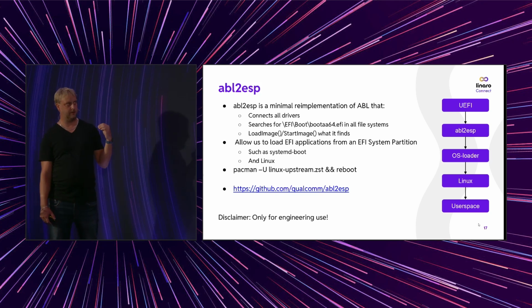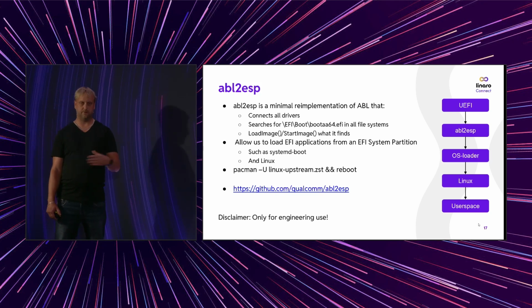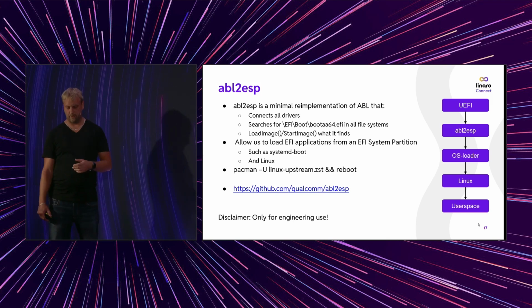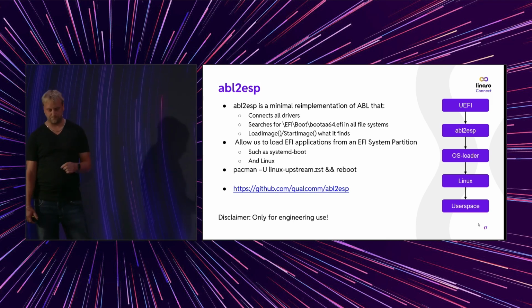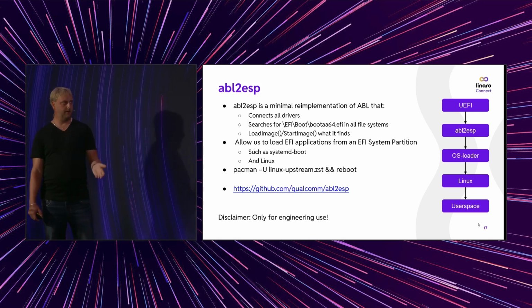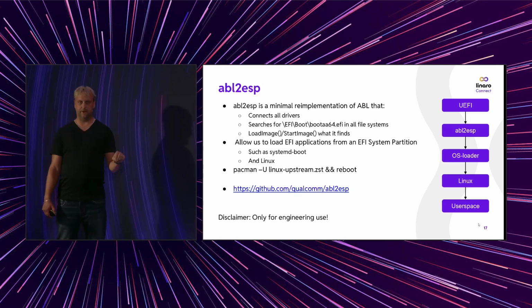Effectively it's a UEFI application that connects all the drivers, searches all storage for a BOOTAA64, and if it finds one file with that file name, it just tries to load it. This allows us, on many of the development boards that are based on the ABL boot flow, to bridge into the EFI system partition, and we can run systemd-boot, for example, with that.